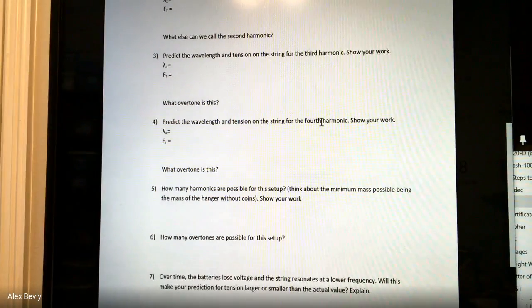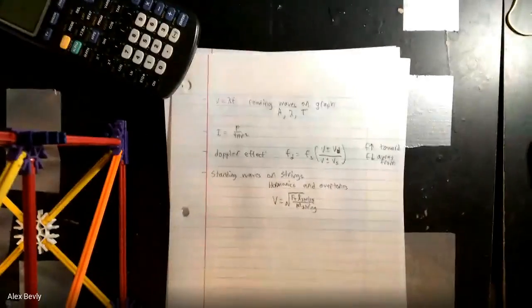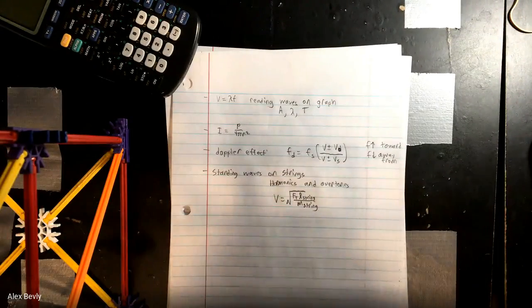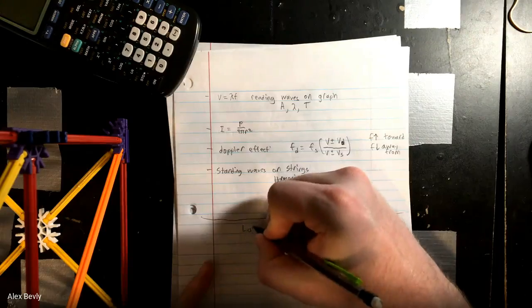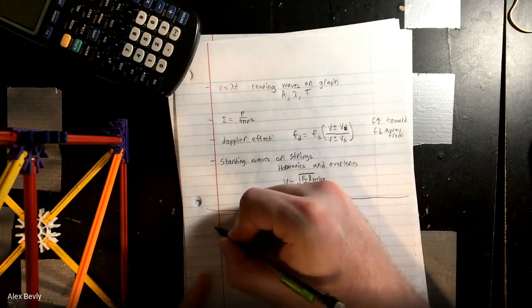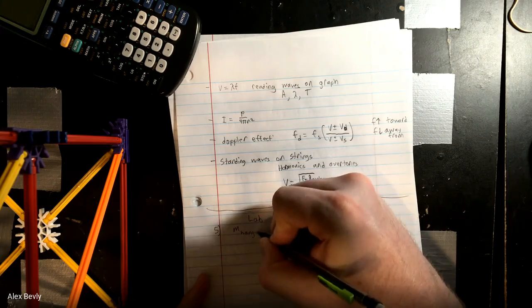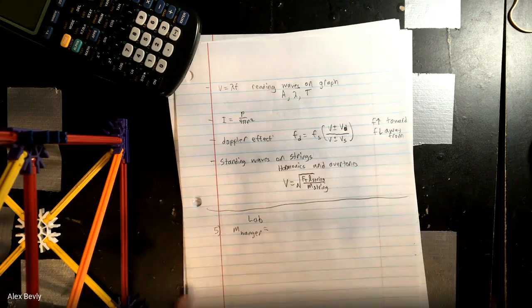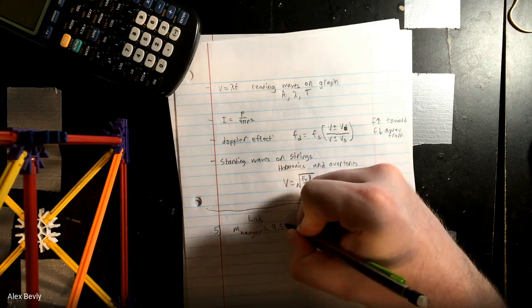So what's the mass of the hanger in grams? So the hanger is a mass of 9.54 grams.